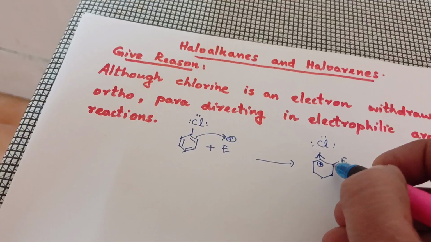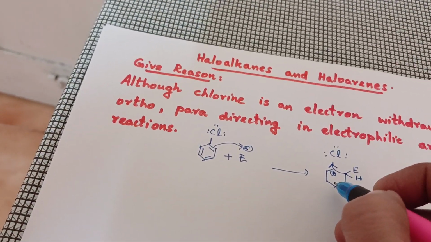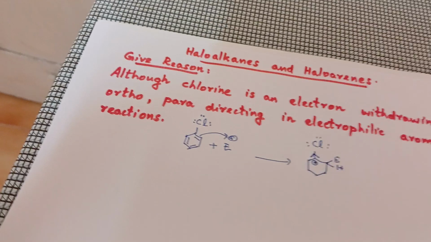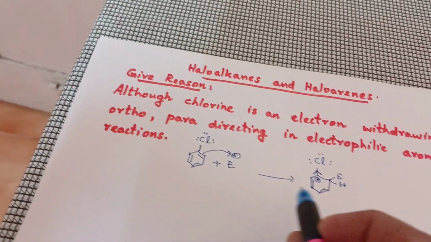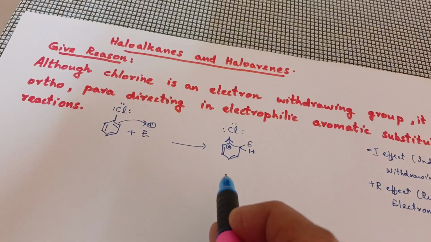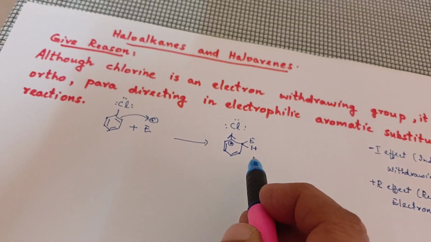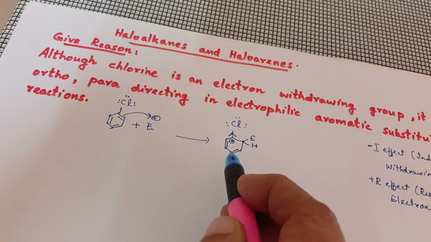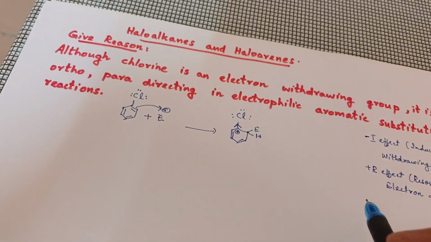There is substitution here, and this has got a destabilizing nature. It destabilizes the intermediate carbocation. Destabilizes means it makes it less reactive.